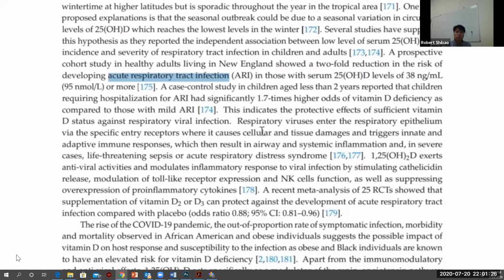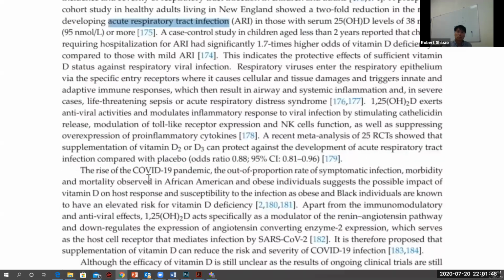So what is it that vitamin D is proposed to be doing? It seems as though that when respiratory viruses enter the respiratory epithelium via the specific entry receptors, whether it be ACE2 or what have you, it causes cellular and tissue damages and triggers the innate and adaptive immune systems both, which then result in airway and systemic inflammation, and in severe cases, life-threatening sepsis or acute respiratory distress syndrome. 1,25-dihydroxyvitamin D, the active form of vitamin D, not only has antiviral activities, but it also modulates inflammatory responses to viral infections by stimulating cathelicidin release, modulation of a toll-like receptor expression, and natural killer cell function, as well as suppressing overexpression of pro-inflammatory cytokines.